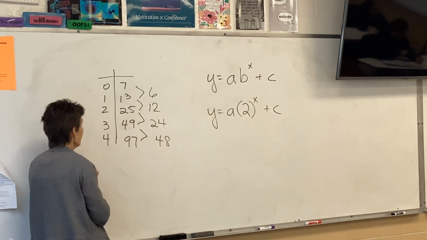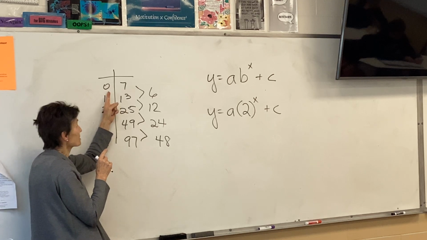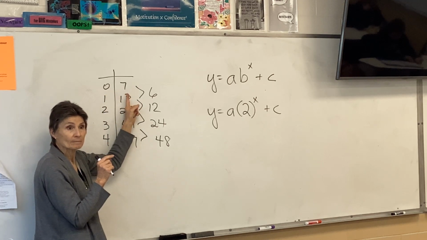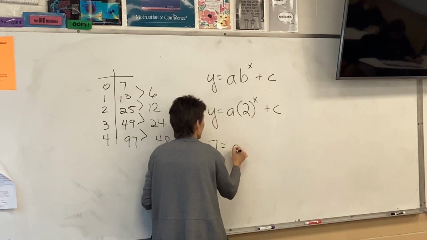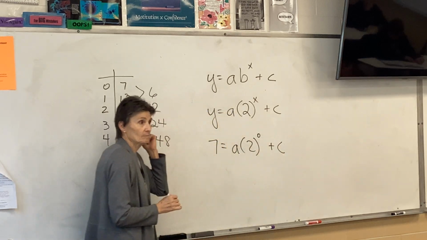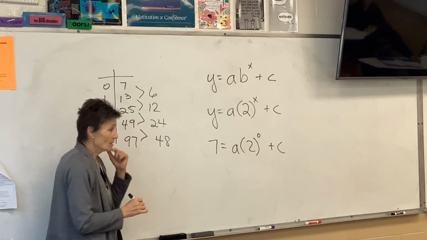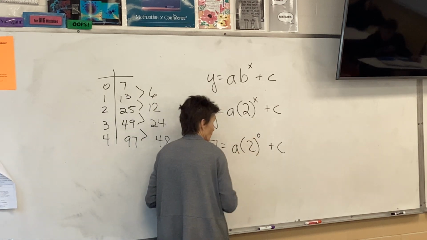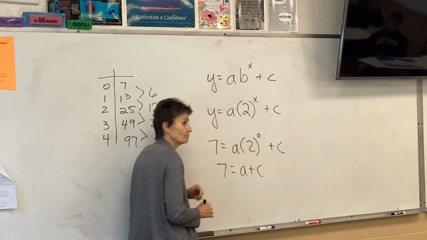Now, I know that if I put in 0 for x, I have to get 7. So if I put 0 in for x, then my y has to be 7. Does that make sense to you? Well, what's 2 to the 0? 1. So 7 equals a plus c.